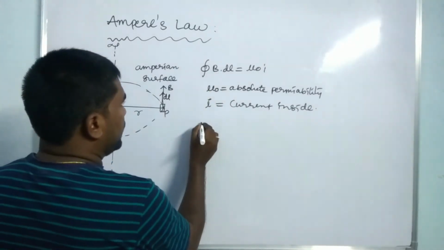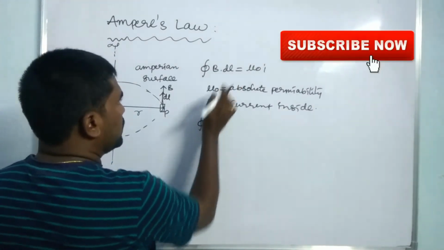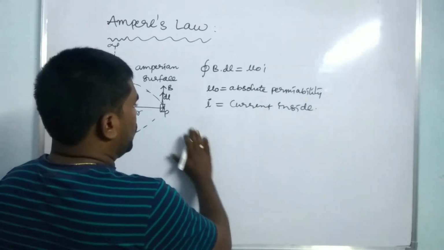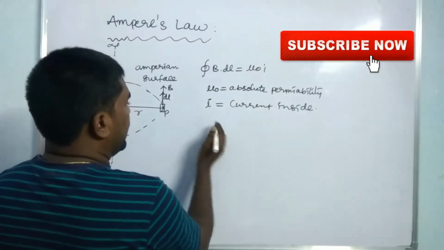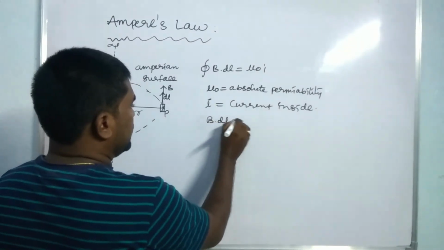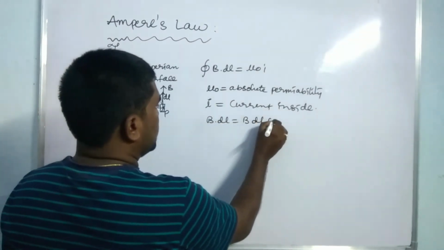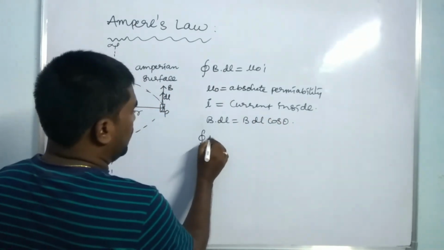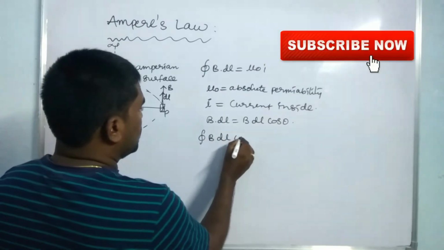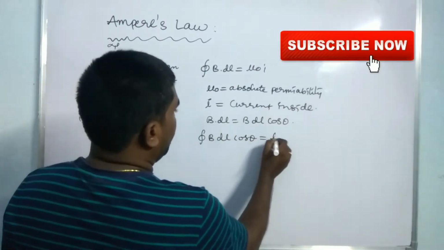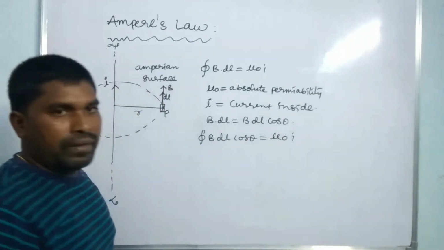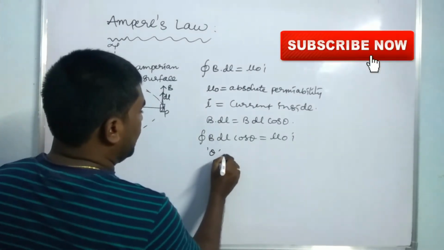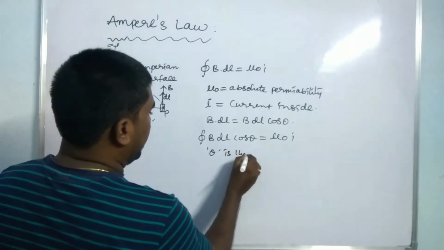From this we can write the circle integral of B dot dl, where A dot B is equal to AB cos theta, that is dot product or scalar product. You can write B dot dl equal to B dl cos theta. So the circle integral of B dl cos theta is equal to mu naught I, where theta is the angle between B and dl.